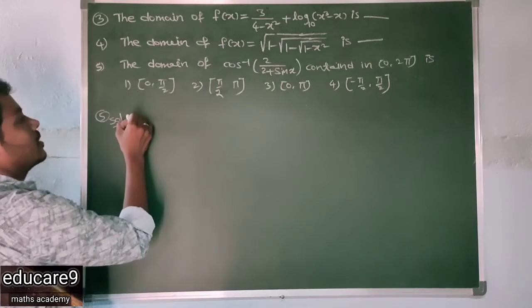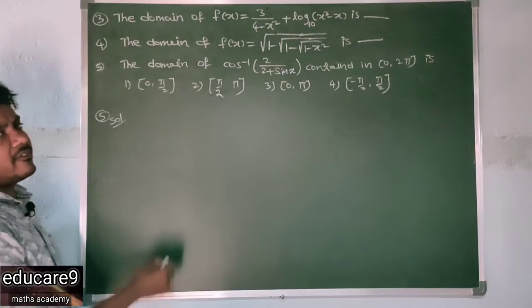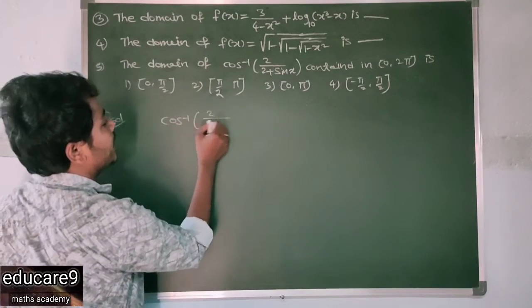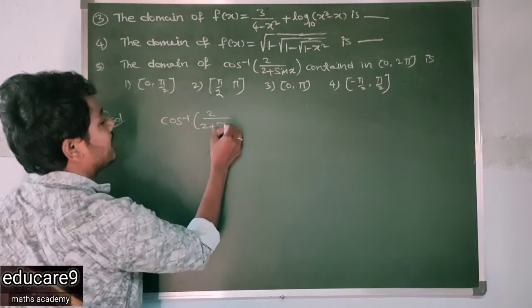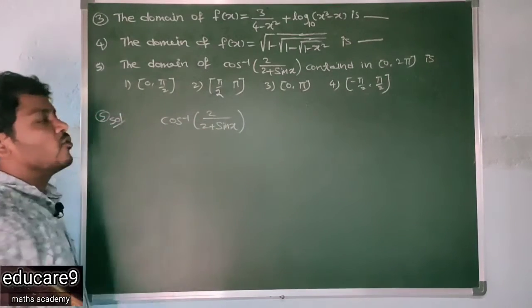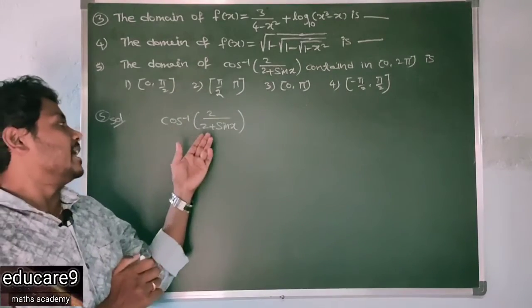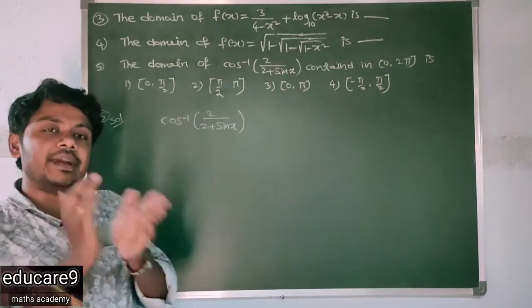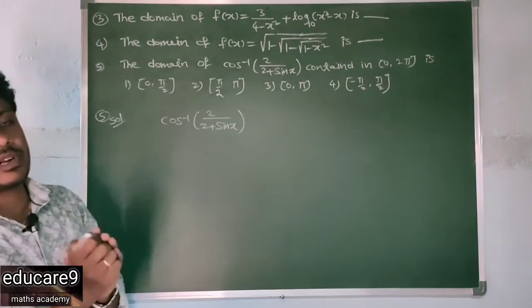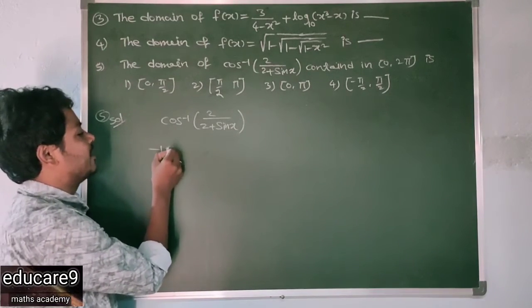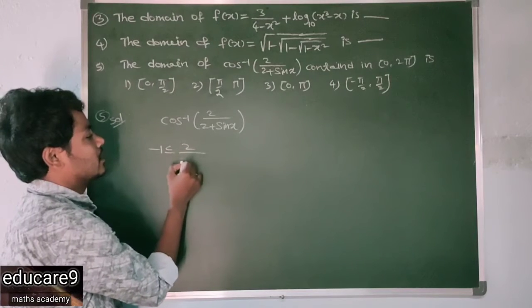solution 5. So what is the given function? Cos inverse of (2 by 2 plus sin x). For this you want to find the domain. So clearly this value lies between minus 1 and 1.